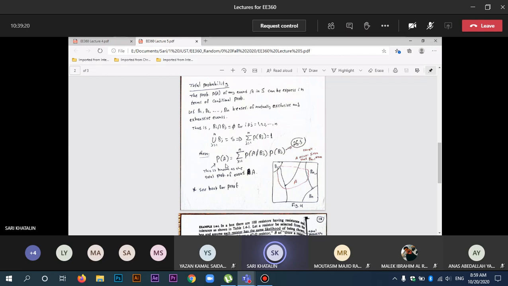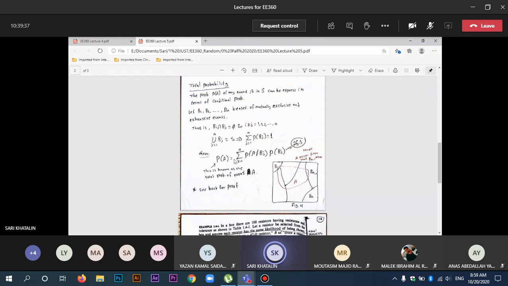So the combination of all these probabilities is called the total probability of A, because A is depending on each event, where these events are mutually exclusive and exhaustive.